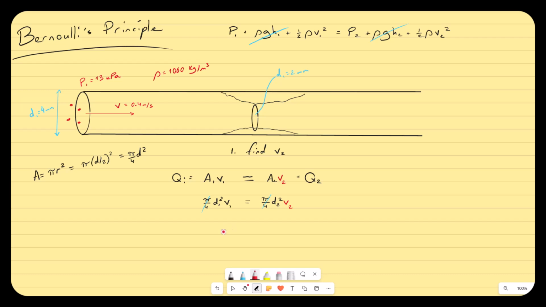I'm looking for v2. v2 is going to be d1 squared v1 over d2 squared. 4 millimeters squared, 0.4 meters per second over 2 millimeters squared. My diameter is being cut in half, so my speed is going to go up by a factor of 4. That's what I'm seeing here too. 4 over 2 would be 2, and then I'm squaring it, so 4. So I'm going to get 1.6 meters per second.